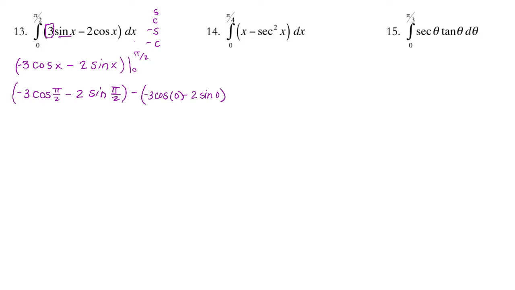All right, so here cosine of pi over 2 is 0. So for this one, we're going to have 0 minus, sine of pi over 2 is 1, so 2 times 1 is 2. Minus, here cosine of 0 is 1. So we have negative 3, minus sine of 0 is 0. So we have negative 2 minus a negative 3. So we end up with 1.